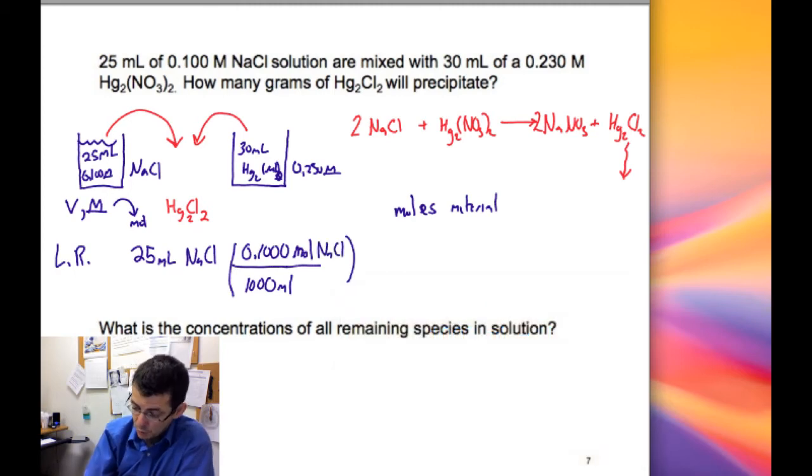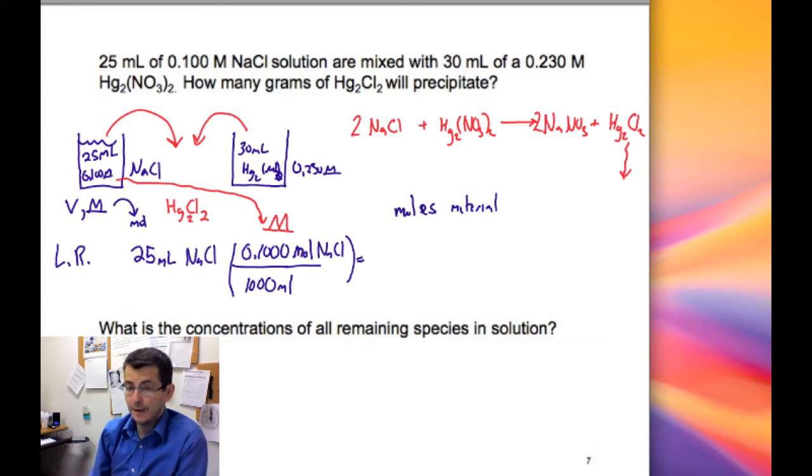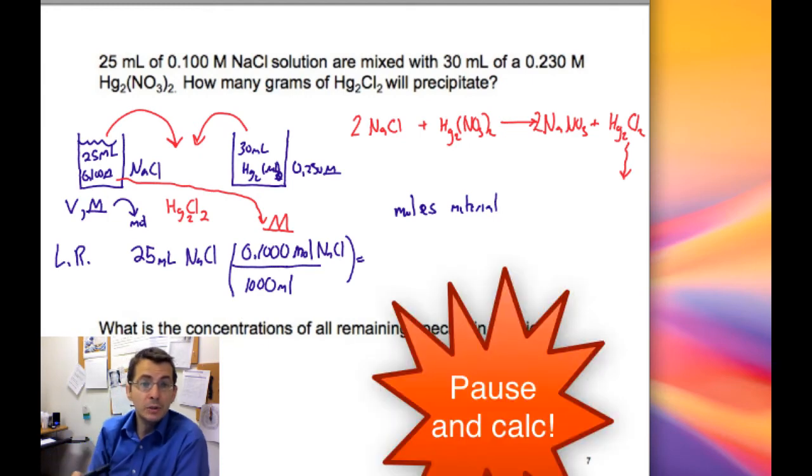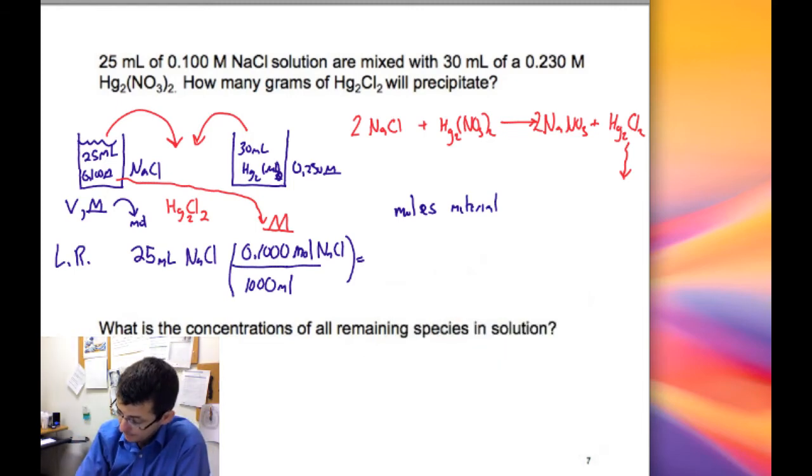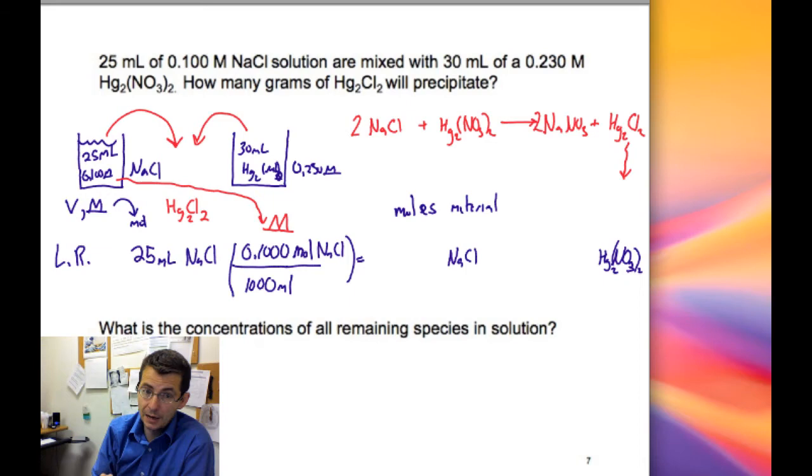Again, this is just a restatement of the molarity statement. Moles per liter. And once we have that, we can figure out the number of moles of sodium chloride. You should be able to do the same calculation for the moles of mercury nitrate. I'll let you set that one up yourself.